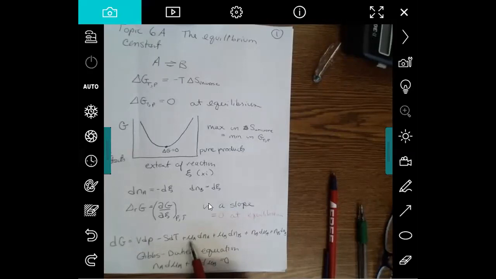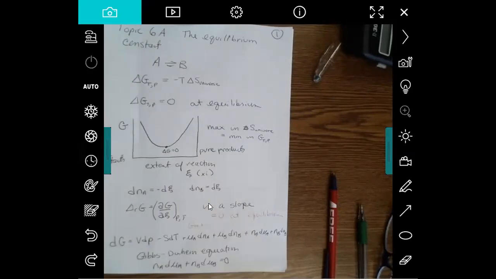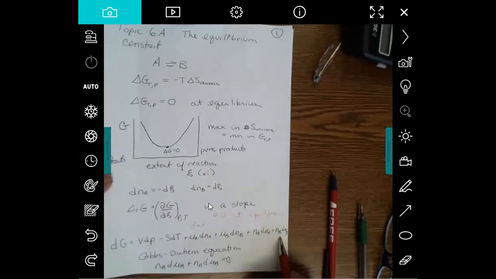It also changes if you change the moles of A and you multiply that by the chemical potential, because remember, chemical potential is just molar Gibbs free energy of A. Same thing with the chemical potential of B. So it's also going to change if you change the number of moles of A or number of moles of B. We also saw early on that it would change if you change the chemical potential, and chemical potential is a function of concentration, so that could happen.